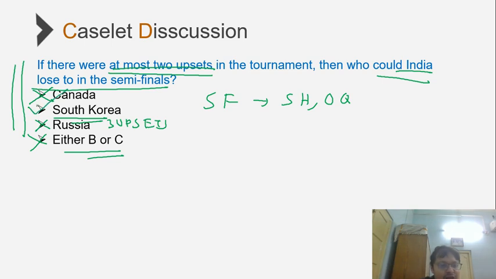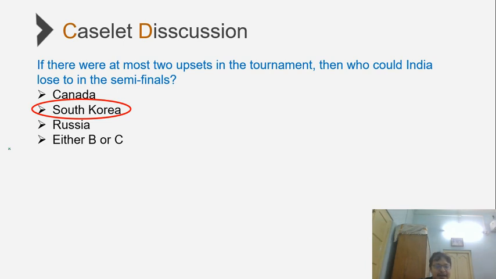Russia is not allowed because Russia has to qualify to the semi-finals making 2 upsets, and India losing to them would be counted as a 3rd upset, which is not allowed. Hence the answer will be only option B, that is South Korea.